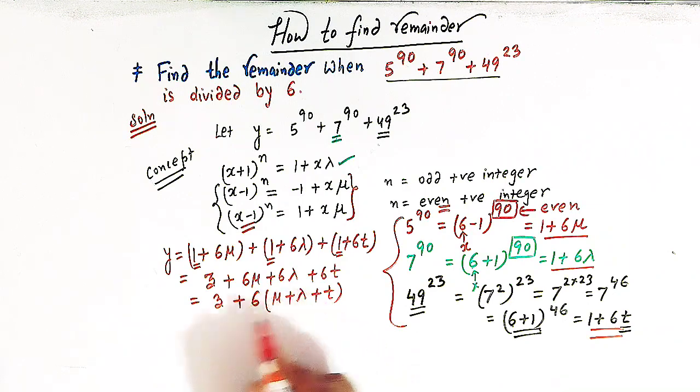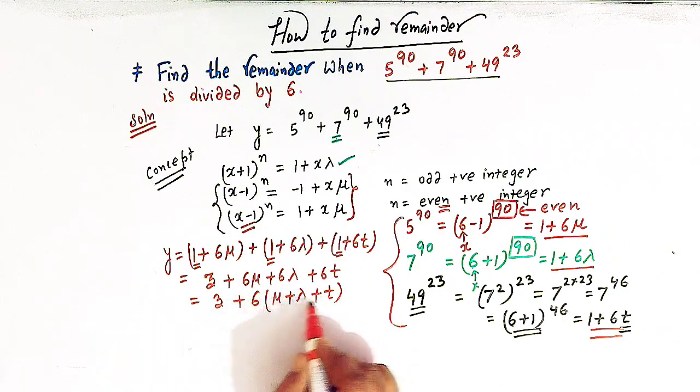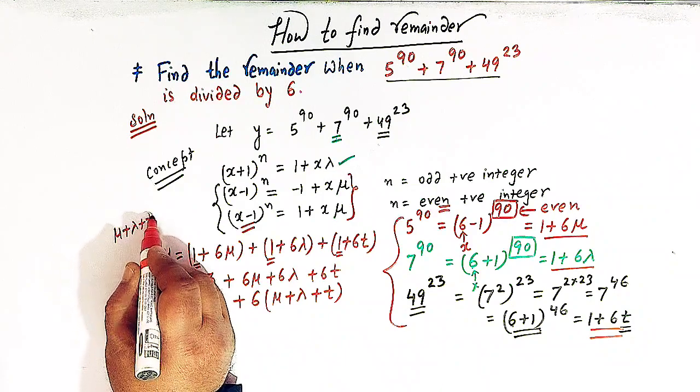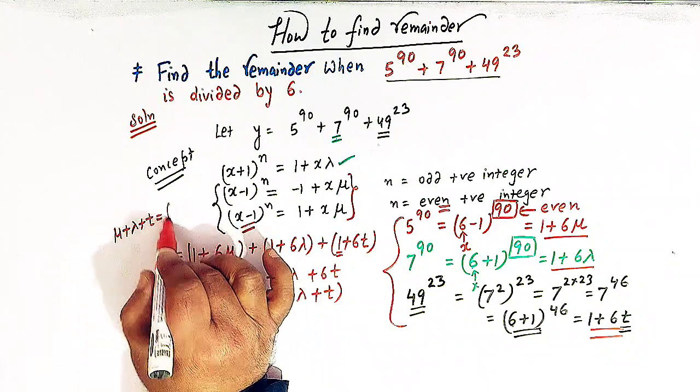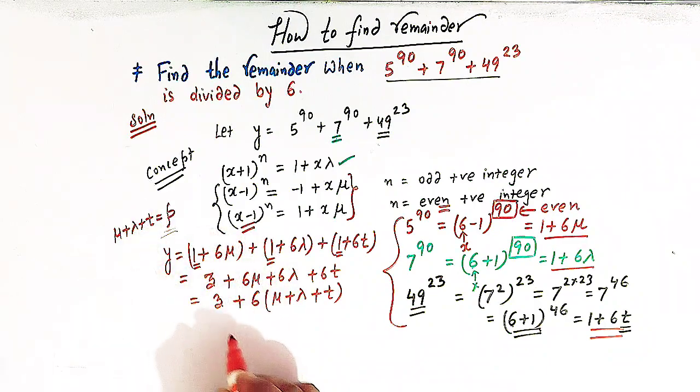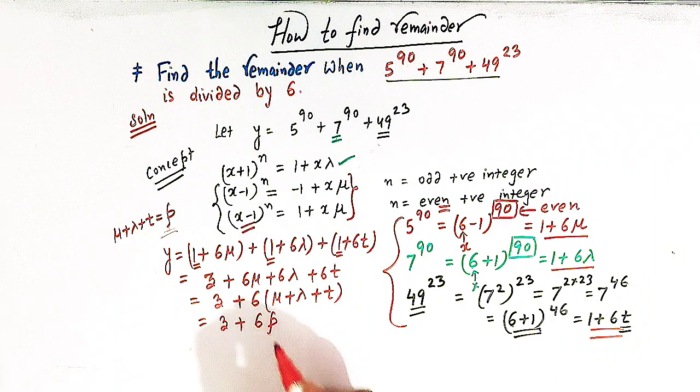This sum, mu plus lambda plus t, may be replaced by some other positive integer, say p, so this is now 3 plus 6 times p.